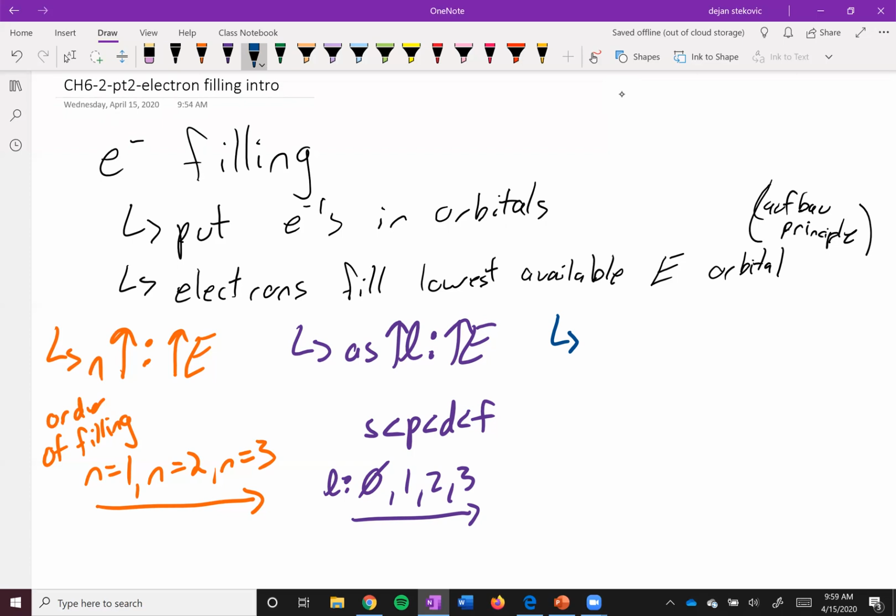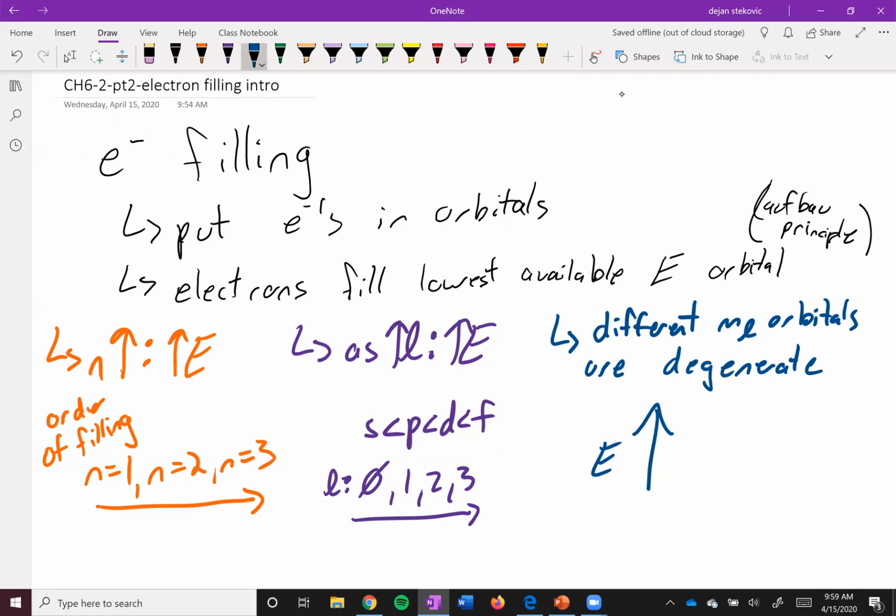So if you have the same n and the same l, even if you have different m sub l's, your energy levels are the same. When energy levels are exactly the same, we say that they are degenerate. Degenerate means same energy. So orbitals with different m sub l are degenerate.